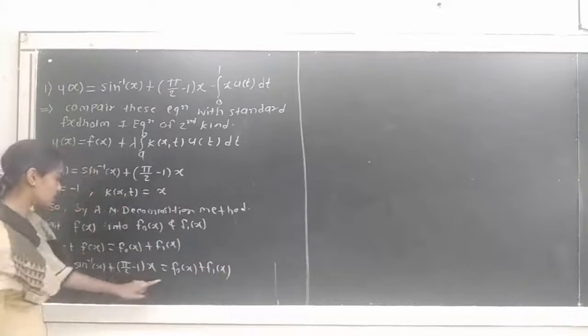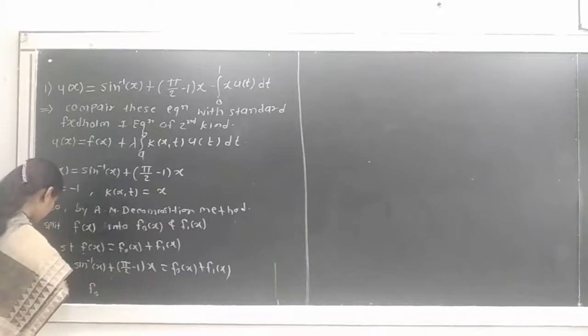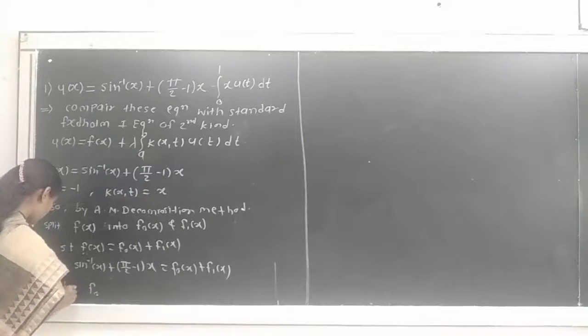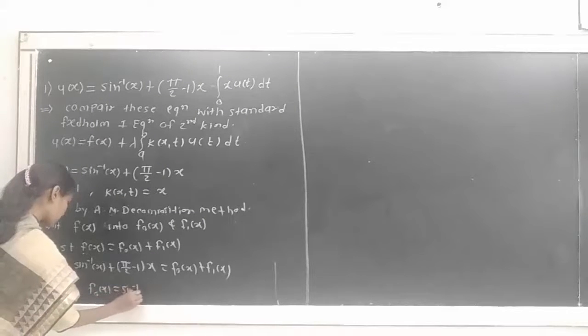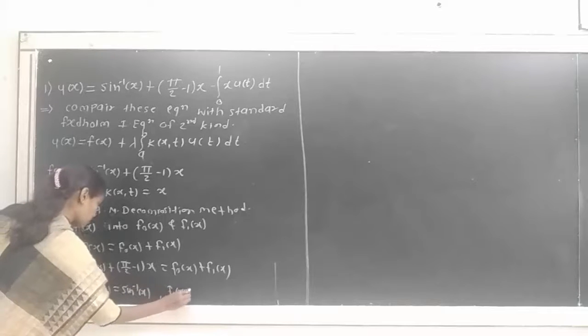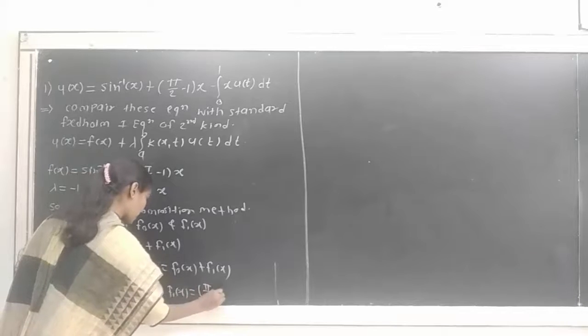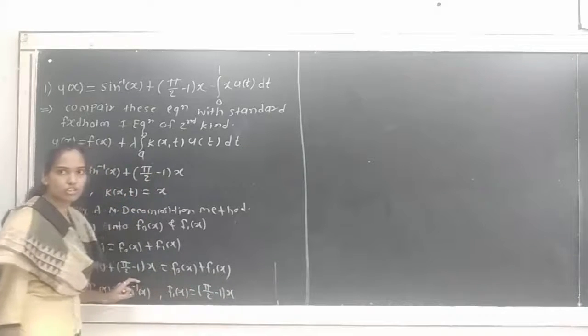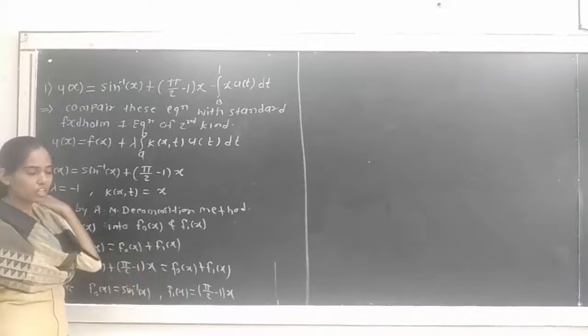Here we take f0 of x equal to sin inverse of x, and f1 of x equal to pi by 2 minus 1 into x. We split this function into f0 of x and f1 of x.